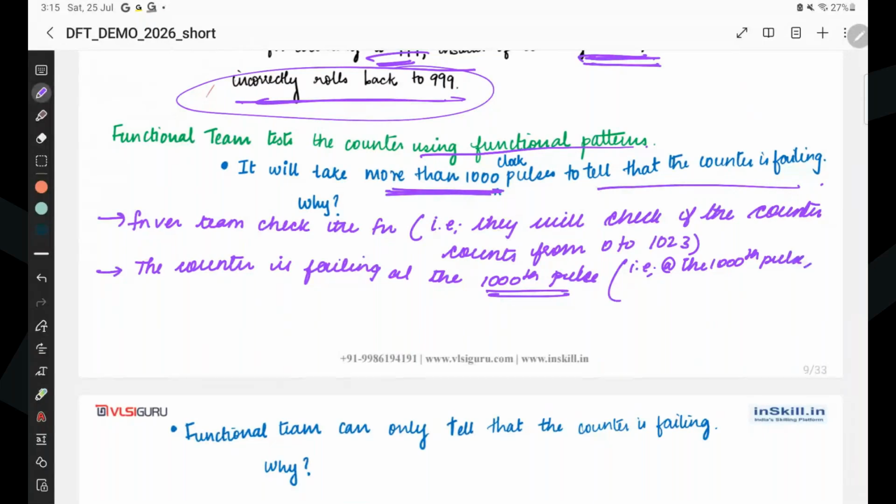So that's why 1000 pulses are required for this.